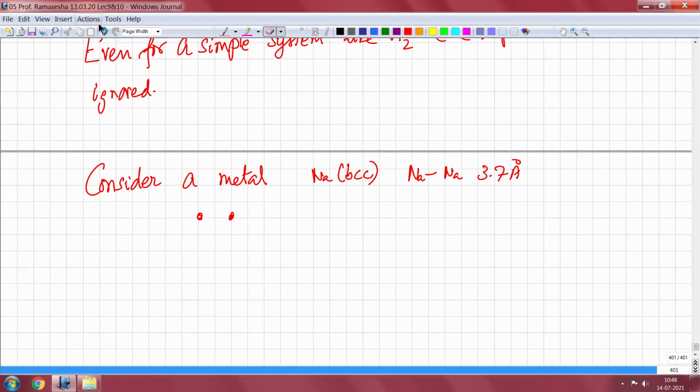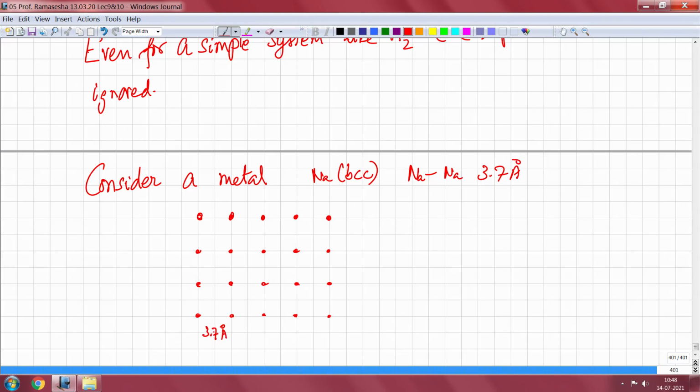I can write down the lattice in the following fashion. Everybody knows sodium is metallic. So, this is 3.7 angstroms.